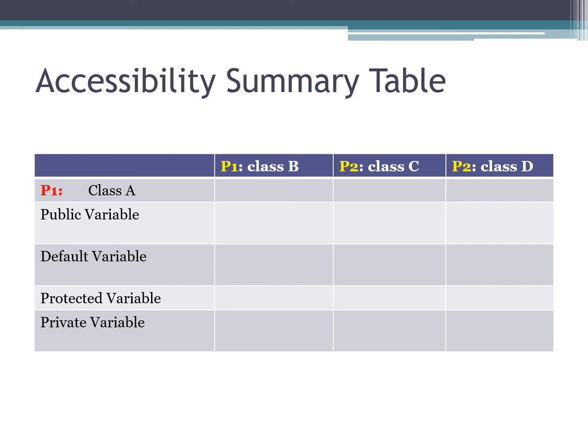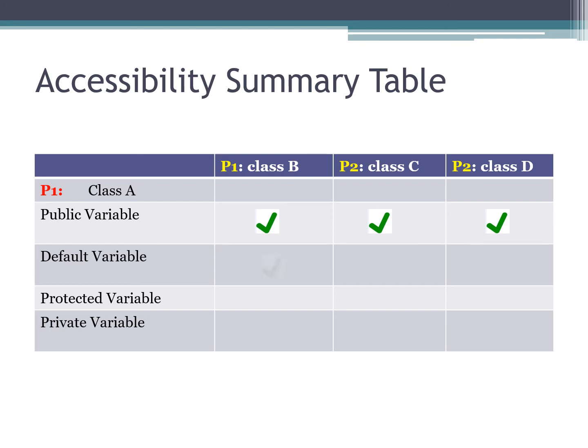We are supposed to check whether A's public member variables are accessible in B, C, D. Public variables of class A are accessible in B, C and D. So we can conclude that public variables are accessible within the class, outside the class, in the same package, and outside the package, across the packages.